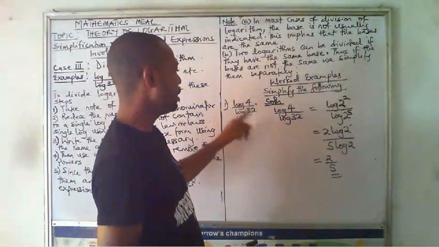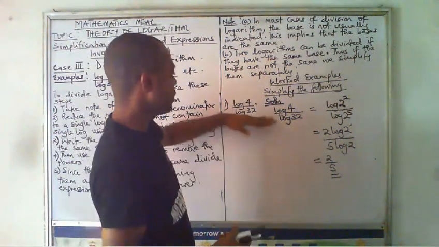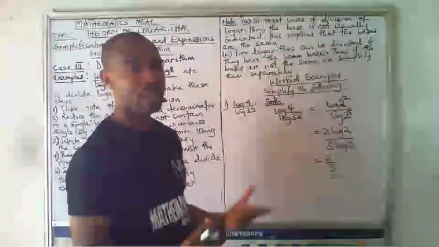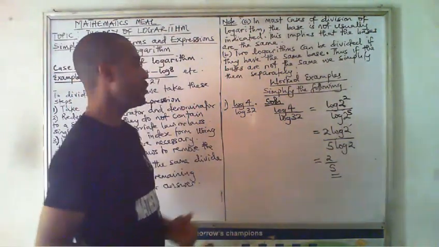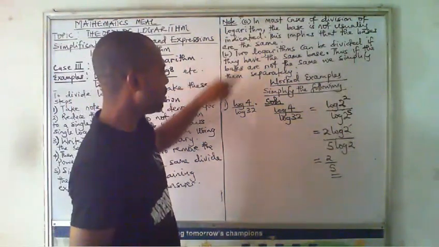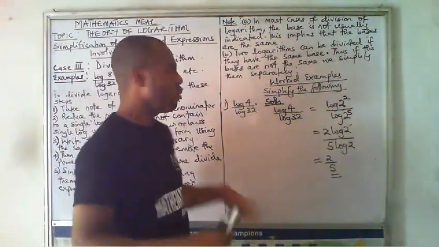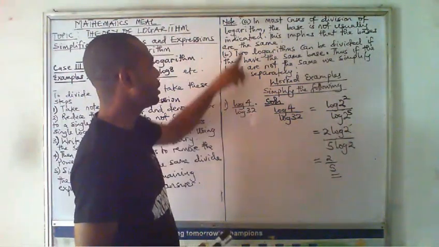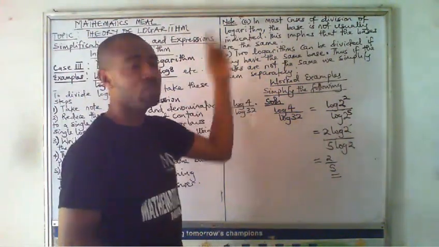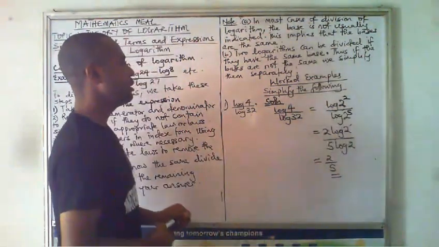You can insert any base there. But the reference base in logarithm is usually base 10. So that's why I have to make this statement, before someone will begin to say, where is the base? Here, no base. Here, no base. That's why in division, we don't usually indicate the bases.